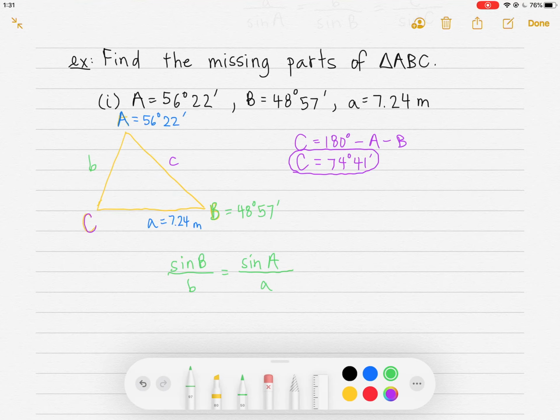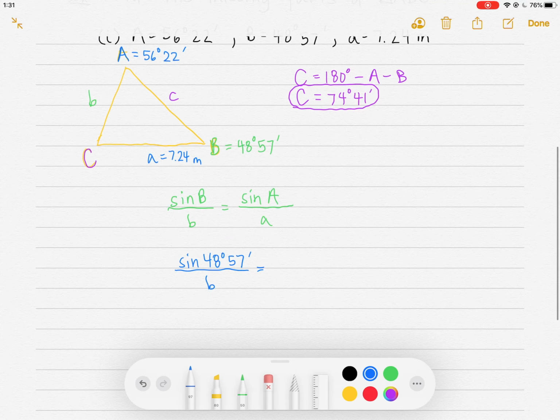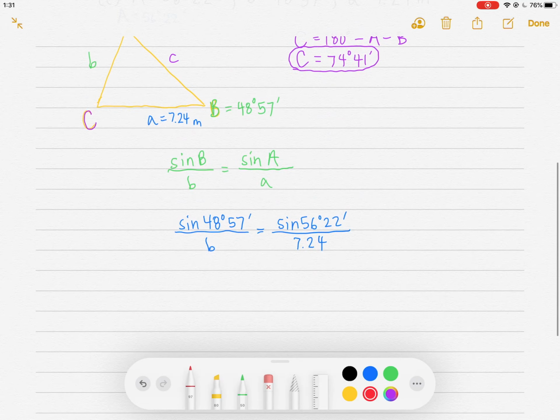Filling in what we know: sine of 48 degrees, 57 minutes over little b is equal to sine of 56 degrees, 22 minutes over 7.24. We're going to cross multiply.